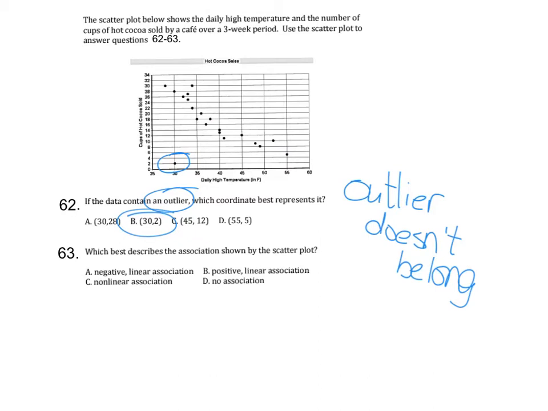What it means here when it says nonlinear, there are other shapes. It could do like this. That would be a quadratic shape. It could be an exponential shape or exponential this way. We'll talk more about those later this year. But this tends to be in the shape of a line. What kind of slope would that line have? It would have negative slope, right? So this has a negative linear association.